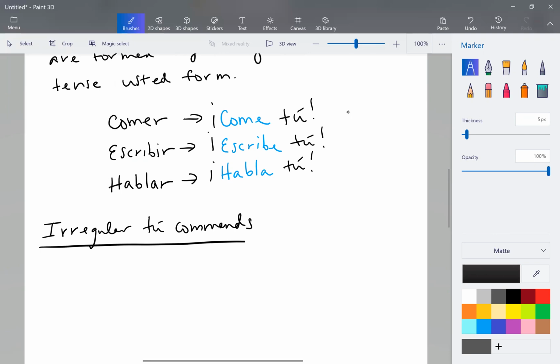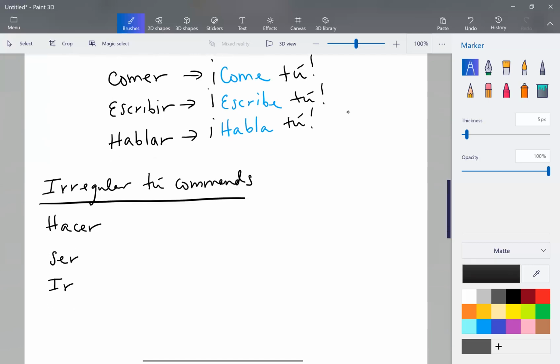So like I said, there are 8 irregular tú commands. And they are for the verbs that you might expect because these verbs are irregular in some way or another most of the time.